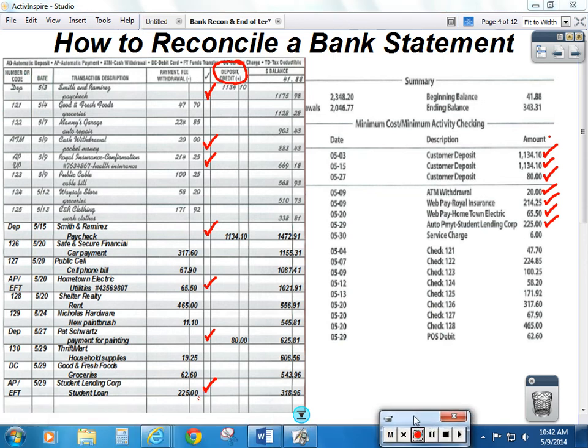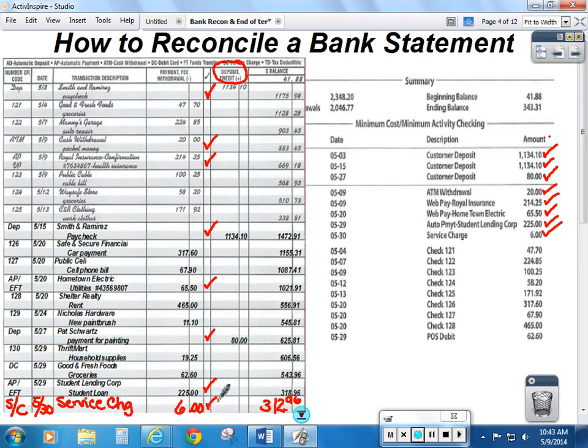So we need to record that. So now, do I see it in both places? Why, yes, I do. $6 here and $6 here.